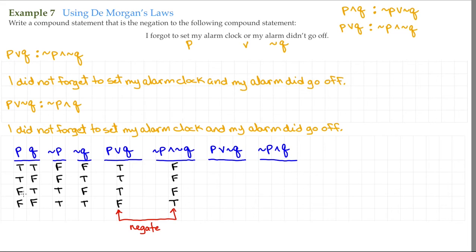So P is false here, and not Q is false here. So it's false right here. Other than that, it's going to be true.